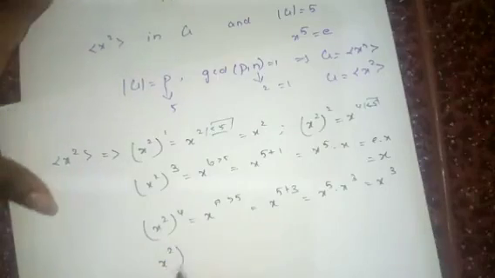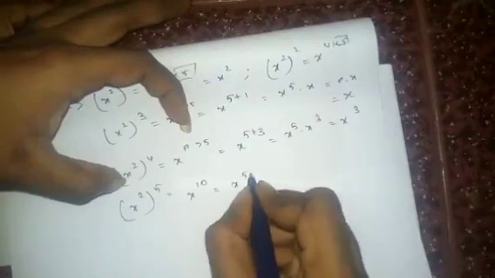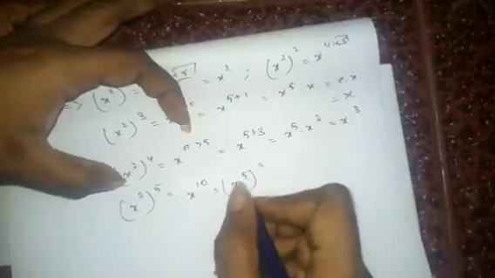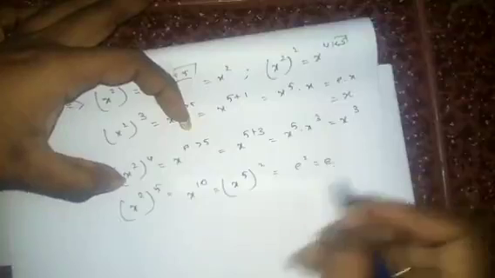So if I write x square the whole power 5, x power 10, I can write this as x power 5 the whole square. So x power 5 is e, e square is once again e.